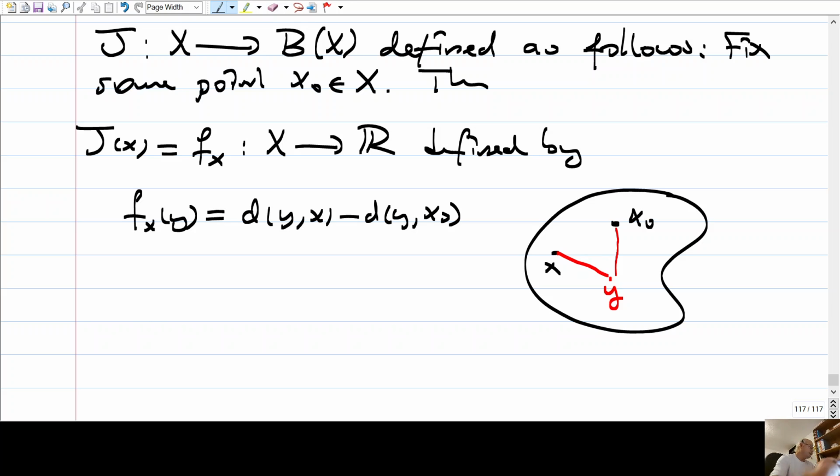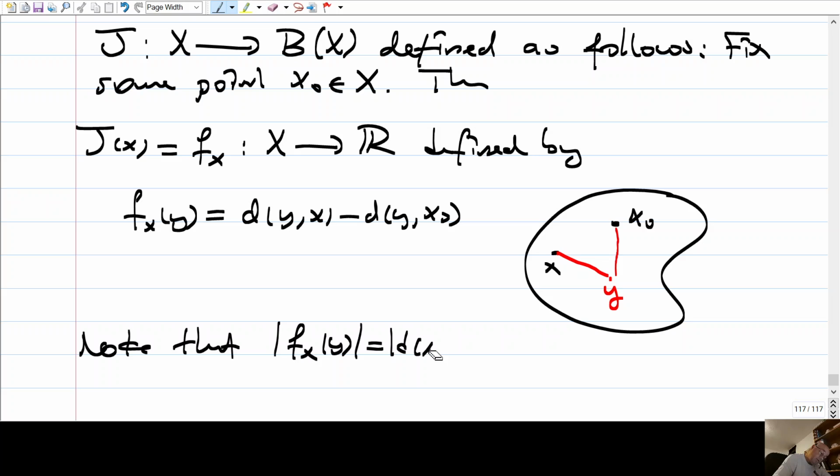Note that the absolute value of this real number, d(y,x) minus d(y,x0), what is this?